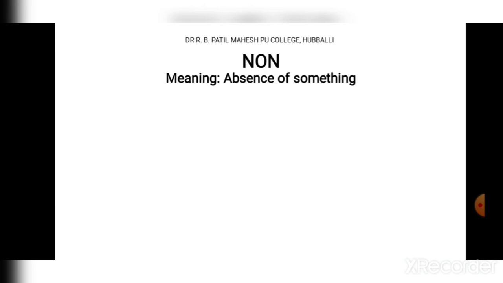So these are the prefixes that we shall learn in depth. First one is non. Its meaning is absence of something. First example is nonsense, non-stop, non-violence, non-profit, non-specific, and finally non-payment.